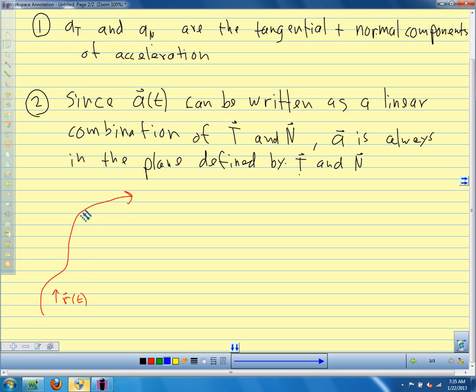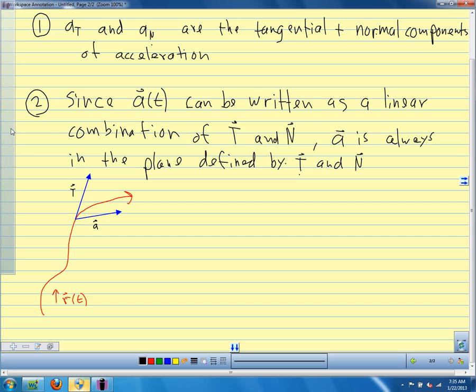So let's say at this point our acceleration vector looks something like this. And I'm just making these up. I don't know that this is necessarily what it would physically look like. So this is my acceleration vector, and we're going to have our unit tangent vector here. So that's my unit tangent vector.